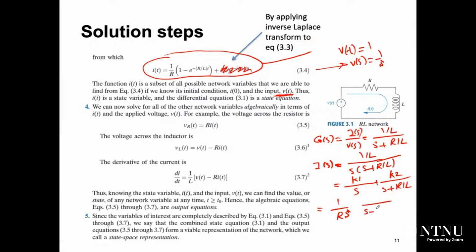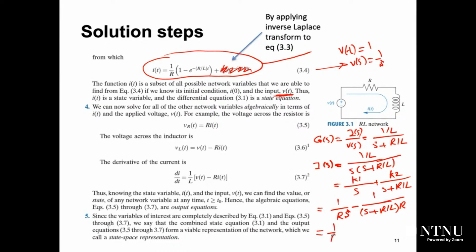The second part, s plus R divided by L. What is the K value here? Multiply and substitute s equals minus R divided by L. So it will be 1 divided by L, divided by minus R divided by L. So it will be minus 1 divided by R. So now we can take 1 divided by R as a common factor.